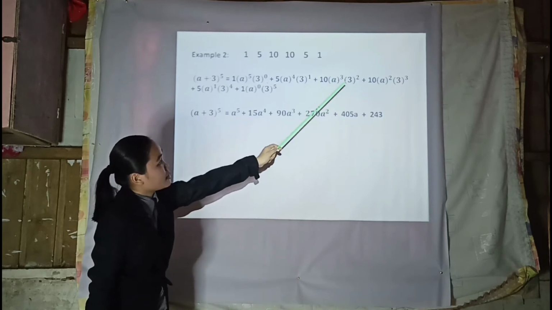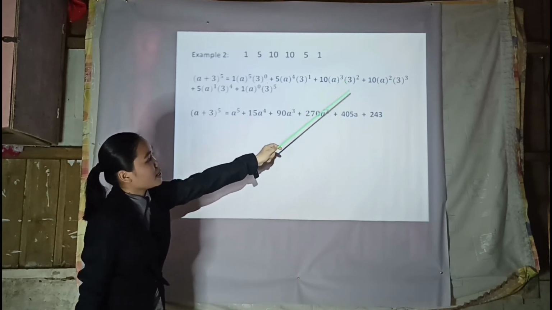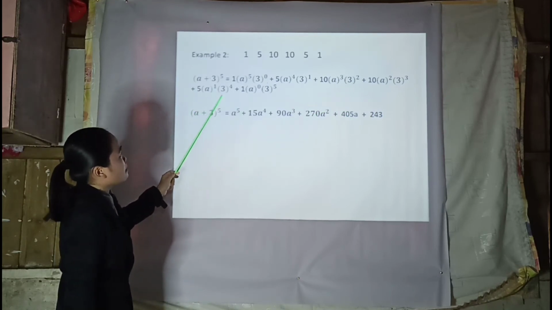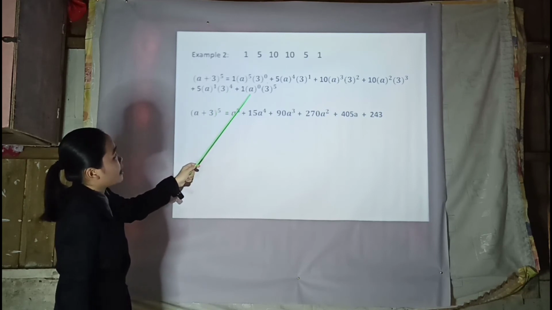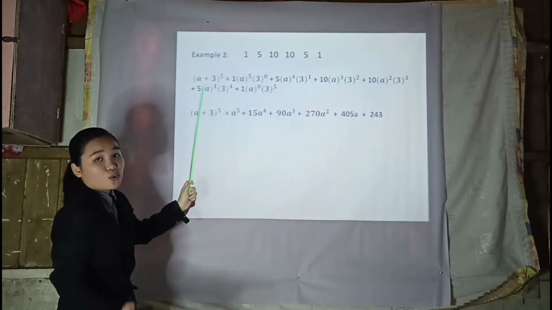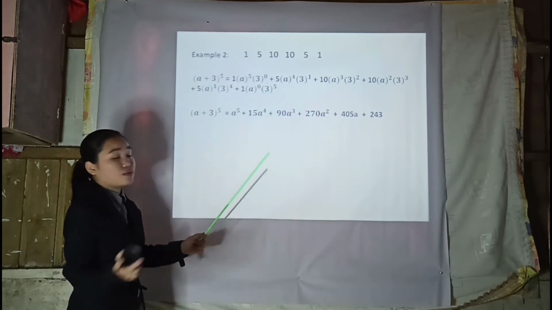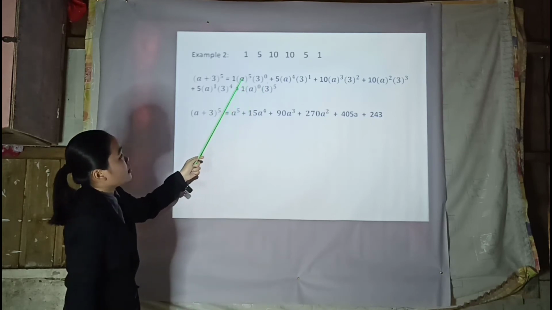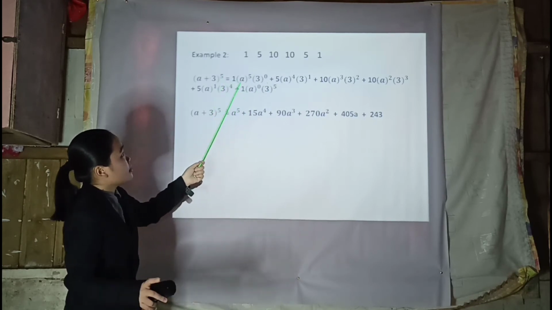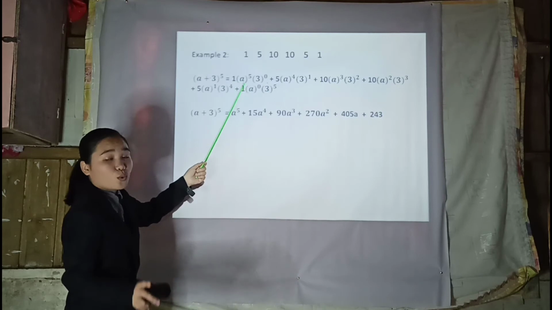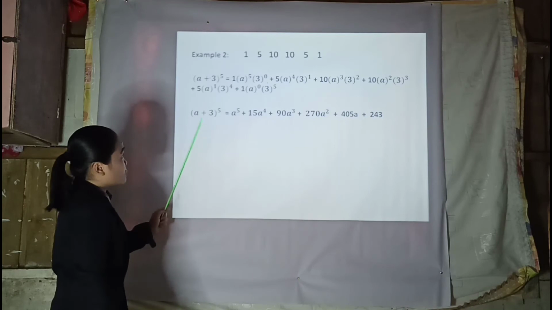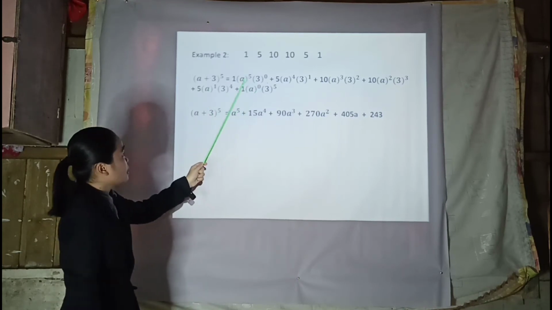So plus 10a squared times 3 cubed plus 5a raised to 1 times 3 raised to 4 plus 1a raised to 0 times 3 raised to 5. So we apply the pattern that we've discussed earlier. The sum of the exponents is the value of n, and the exponent of a decreases and the exponent of b increases. So we will simplify our answer here.